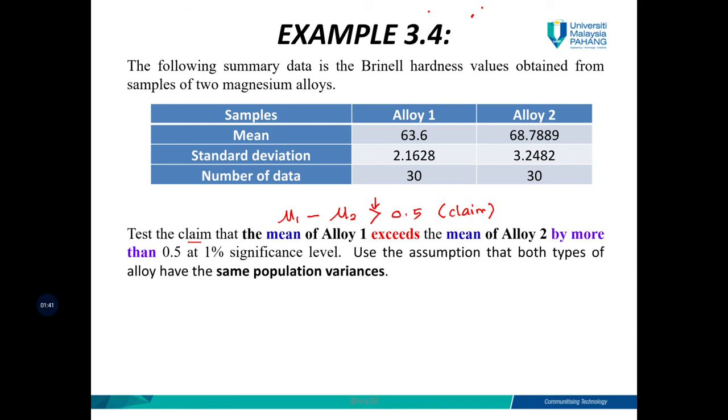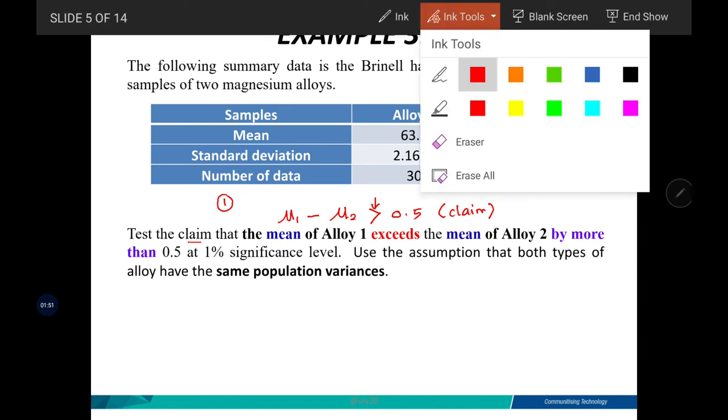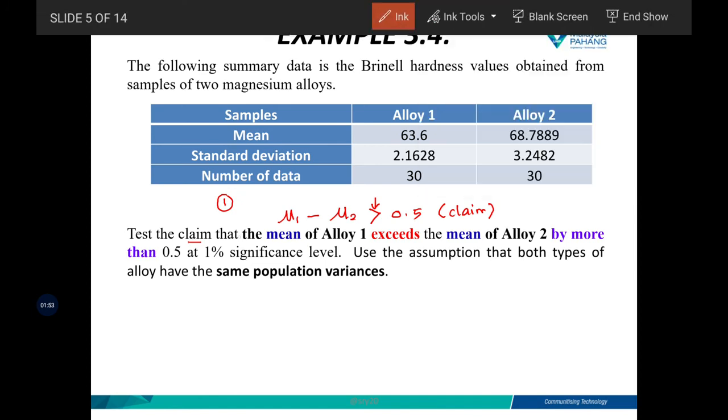After that, construct the hypothesis. Step 1, construct the hypothesis. Look at the inequality used here, that is greater than.